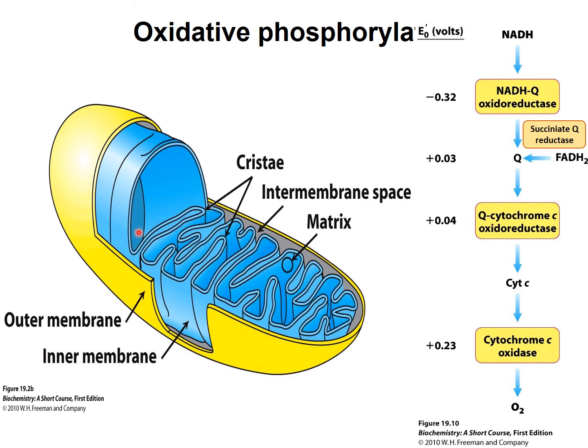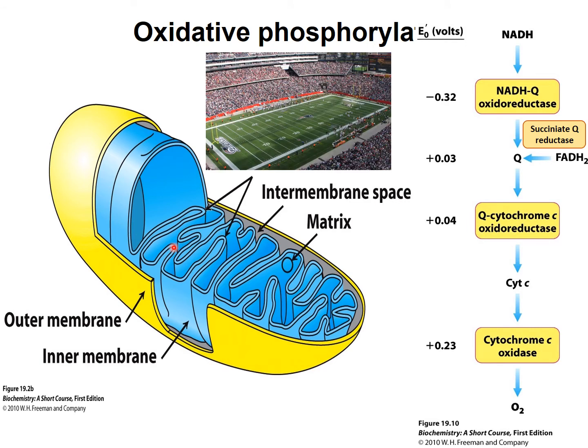And to increase the total surface area, the inner membrane in blue will fold into cristae, which is as big as 3 football fields. So what you need to remember is that glycolysis happens outside of the mitochondria because it takes place in the cytoplasm, while the citric acid cycle happens in the matrix, while the electron transport chain is found in the inner membrane of the mitochondria.